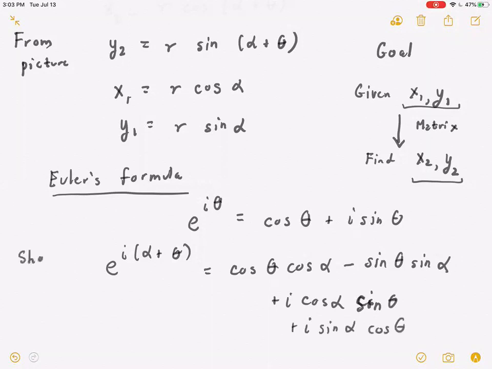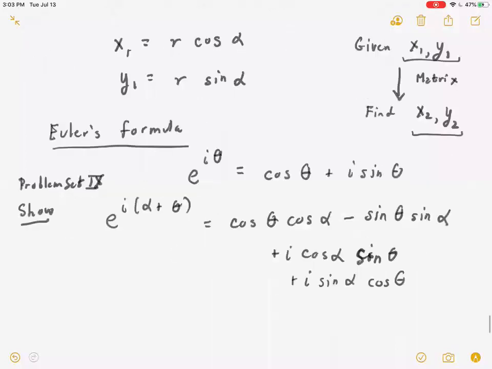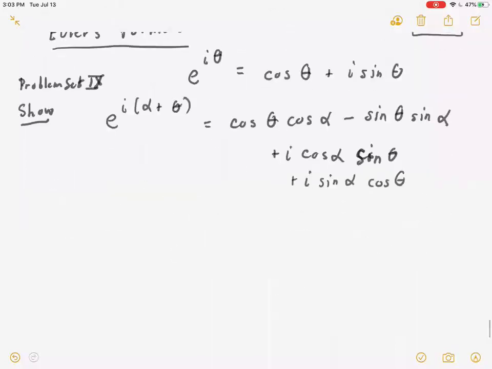So I'm going to ask you in problem set 9 to show that's true, prove that, and eventually show that x sub 2 and y sub 2 can be simplified and written in terms of r, alpha, and theta.